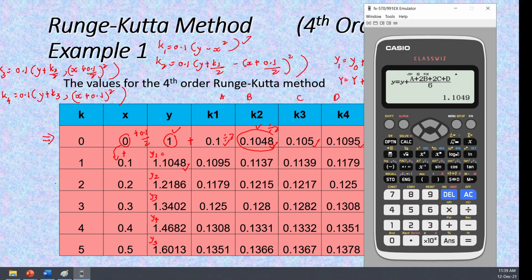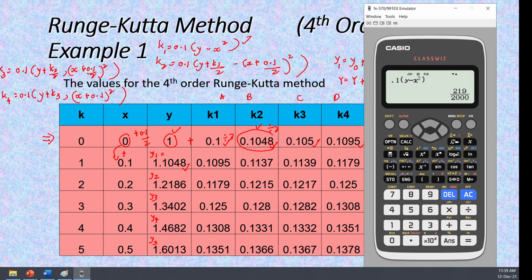To repeat, to calculate K1, search back this formula. In this case, I just use two formulas. You can try to key in five formulas, but sometimes if the function is complicated, when you key in until the y i plus 1 formula to get your y1, the formula in front will be missing.